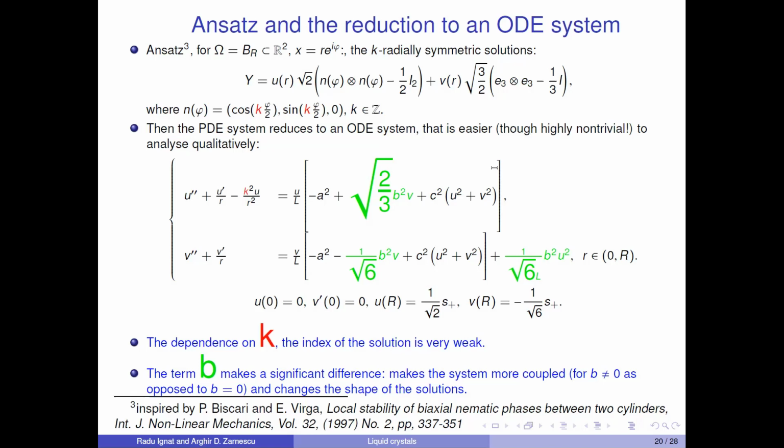So when Radu was mentioning 2D and 3D, he was referring to the domain. You can write this in polar coordinates, and then you can look for a solution of this form, where u is a function depending on just the radial component, and so is b.